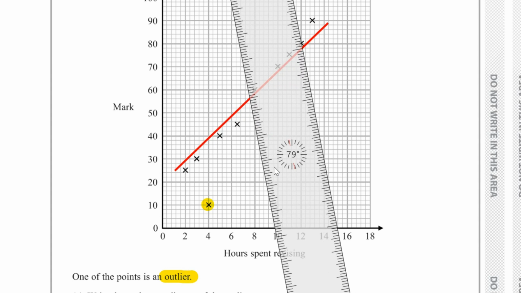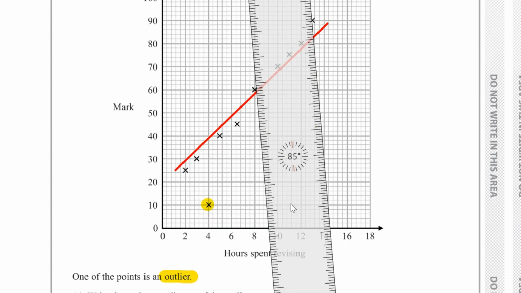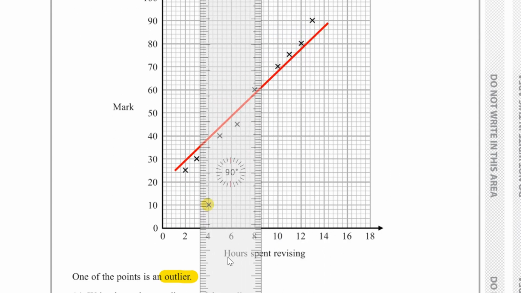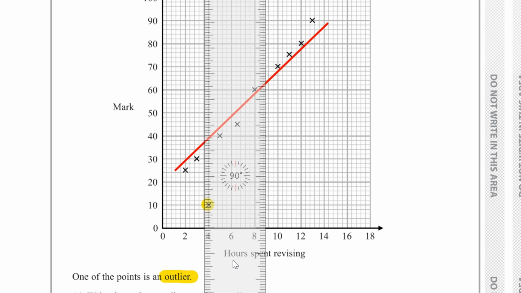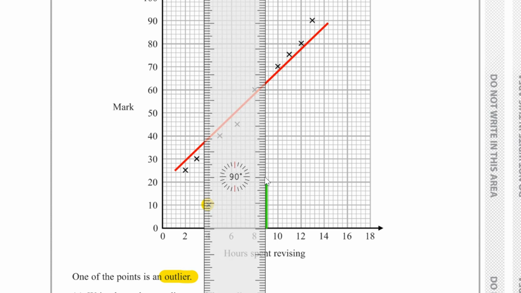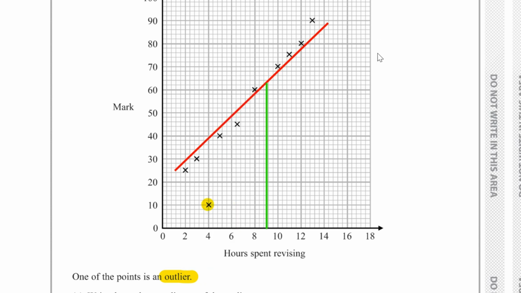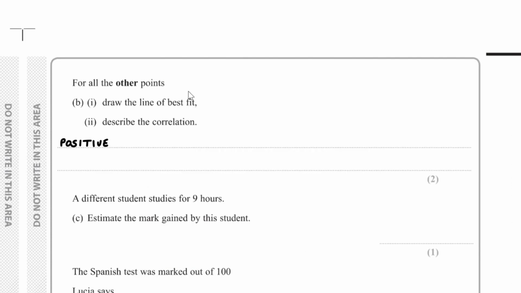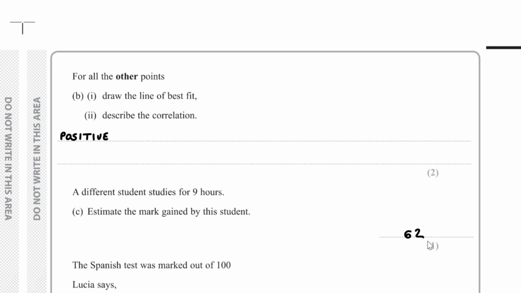So if we just grab our ruler, we have, of course, here 9 hours, goes up like this, and then we draw a line across from here. So if we do that, you can see we have 62 marks. So we have here 62 marks.